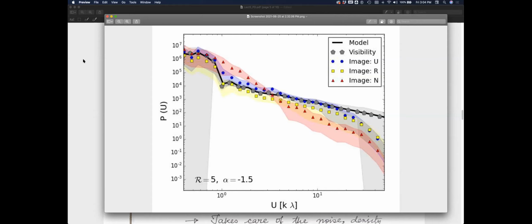But when you interpolate, you introduce extra correlation in visibility. It also introduces extra correlation in noise. It does two things.